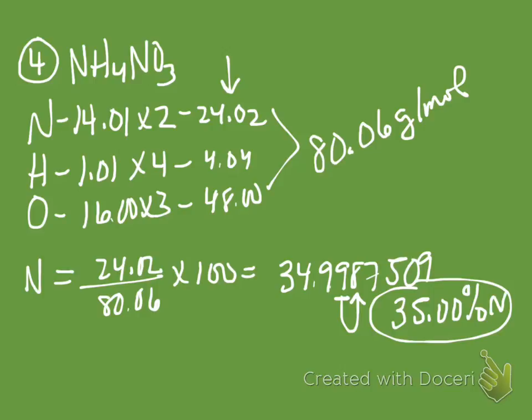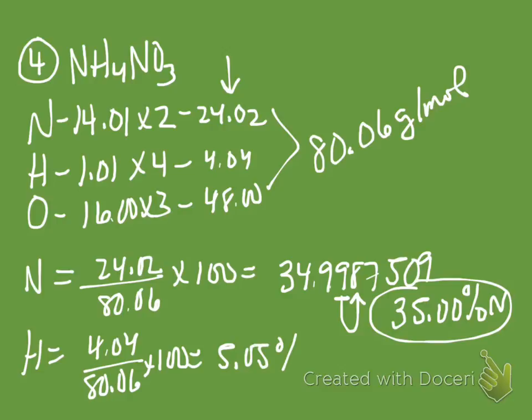So it's 35.00% nitrogen. For the hydrogen, we have 4.04 divided by 80.06 times 100. Our final answer, I'm just giving the final, is 5.05% hydrogen. Notice that we only have 3 sig figs for hydrogen because the molar mass sig figs are smaller. So remember, you have to do your sig figs based on what's in the problem, the actual numbers that went into your calculation.